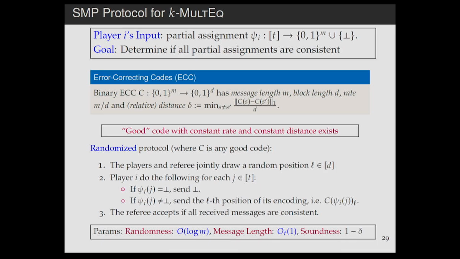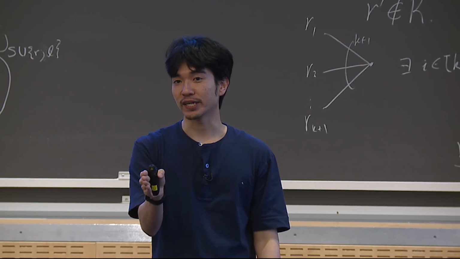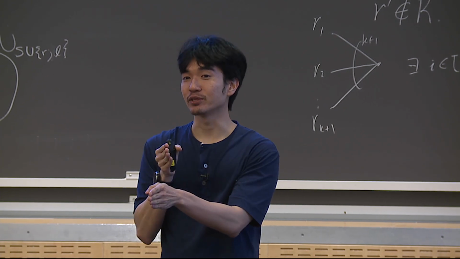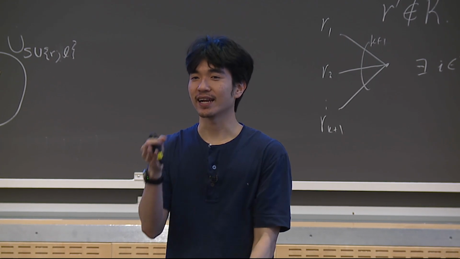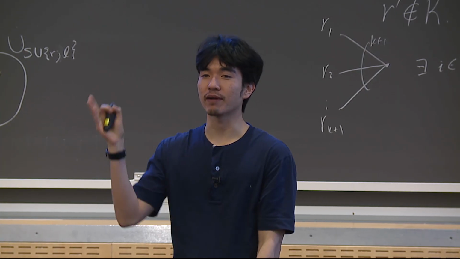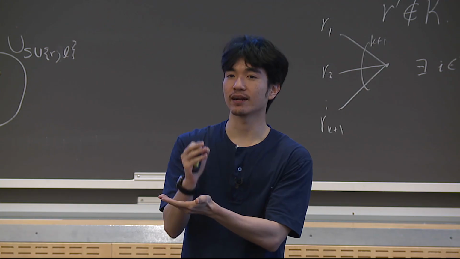The way we can do this is to encode it in an error correcting code. But instead of sending the entire code, you send a single position. But you have to align the position, right? If you send different positions, then they cannot be checked. And that's the randomness that you use. You use the randomness to jointly sample the position you want to send on your error correcting code.